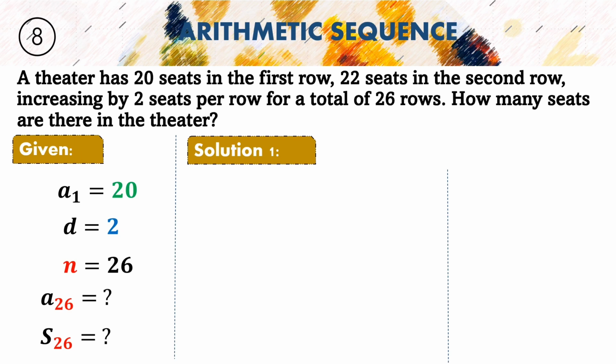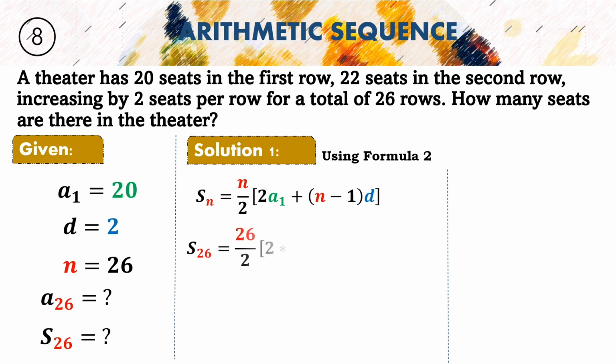So solution 1, we can use formula 2 since we don't know the last term. So substituting the given, S sub 26 equals 26 over 2, quantity 2 times 20 plus 26 minus 1 times 2.